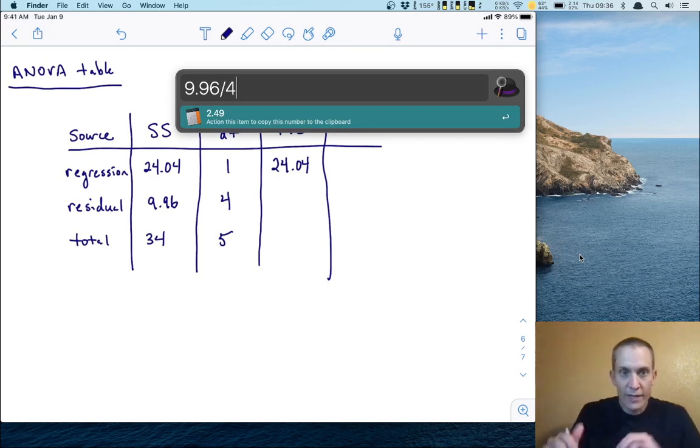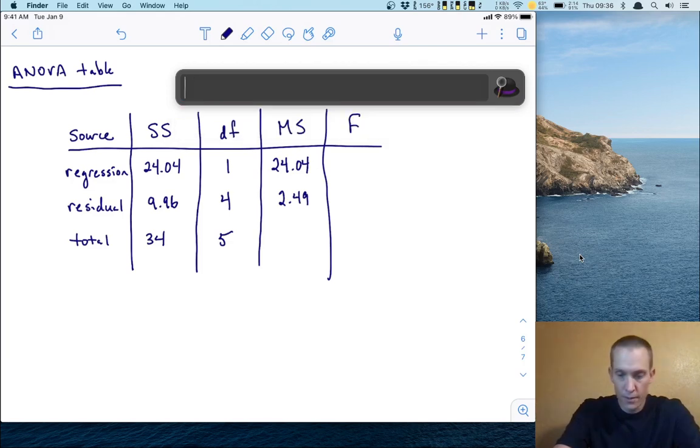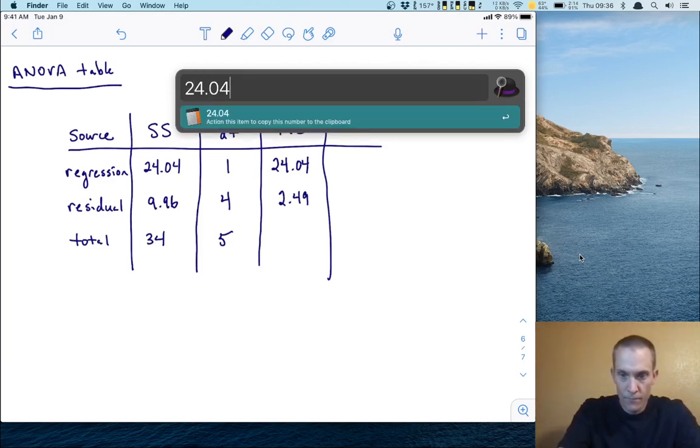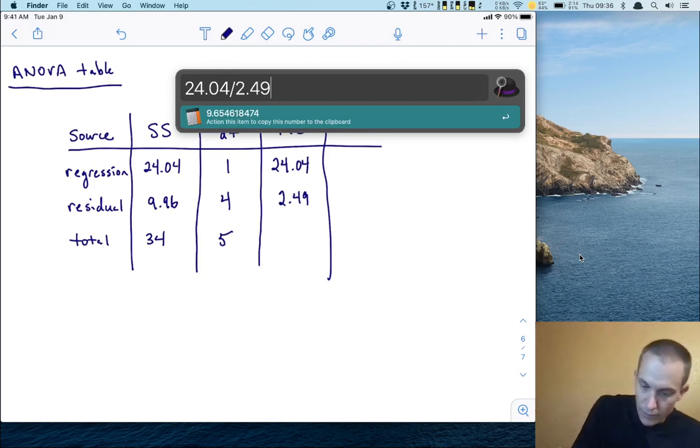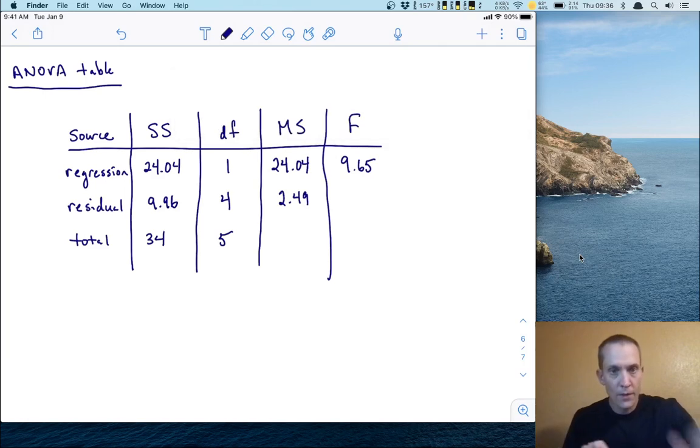So we'll do that real quick, and that gives me 2.49. And then for my F statistic, I just want to take 24.04 divided by 2.49. So let's do that. And that gives us something around 9.65 for an F score. Okay, and that's it. That's the Anova table.